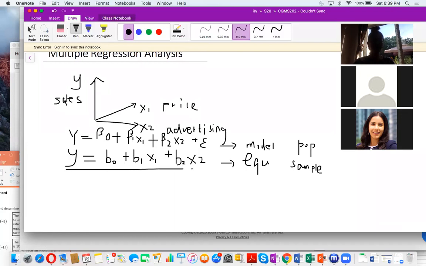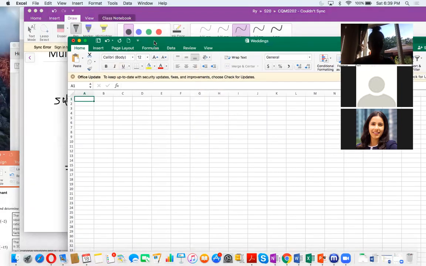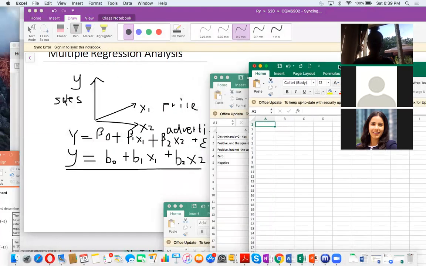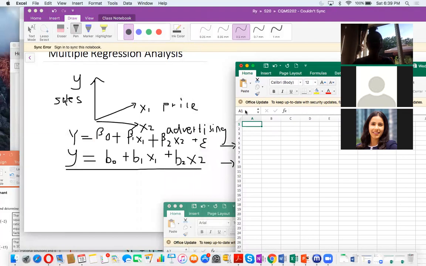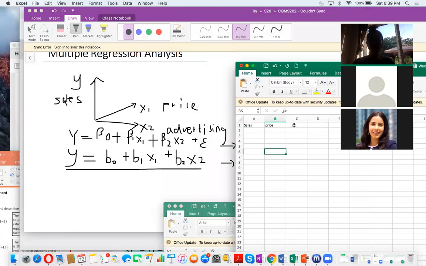And how do I get this equation? Suppose you are given some data. So I'm going to give you some data here. Suppose I have sales data, and I have price and advertising.